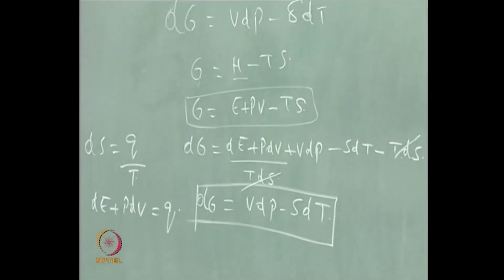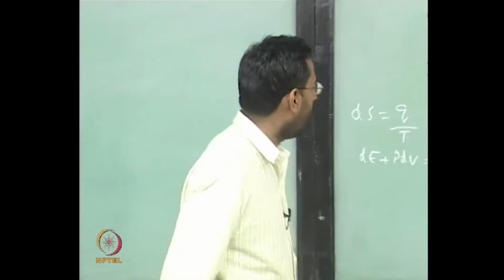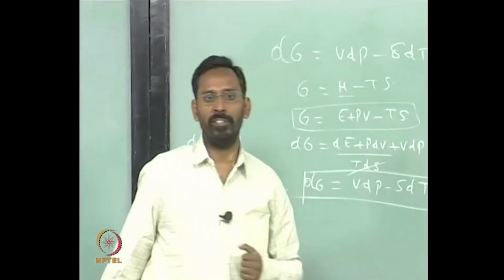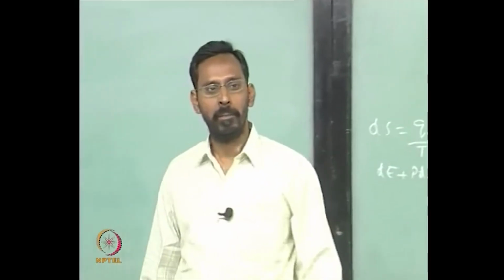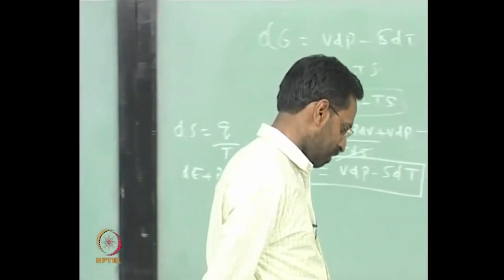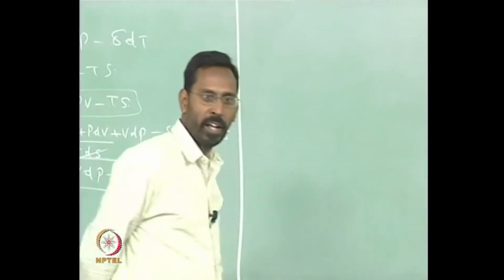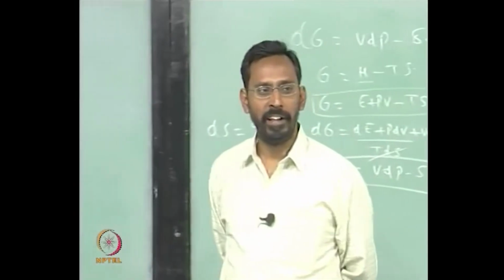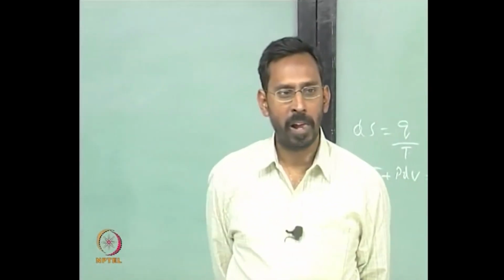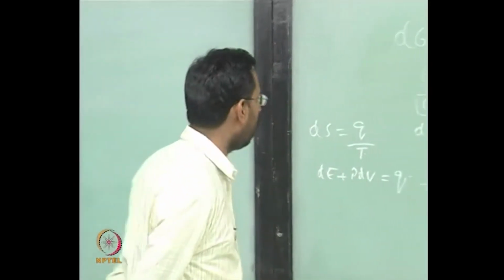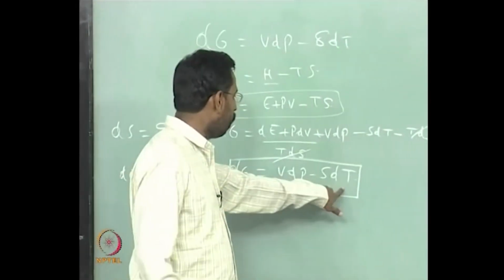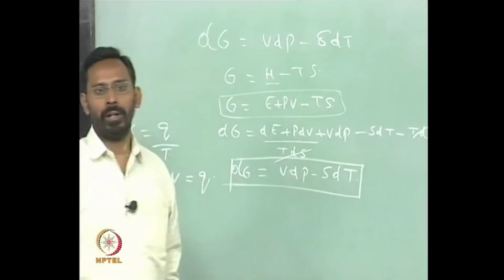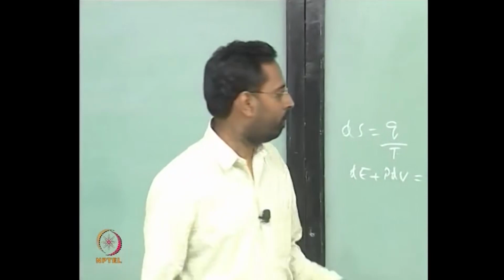Do you know which are the extrinsic variables and which are the intrinsic? Entropy. Which are state variables? Pressure and temperature are the intensive variables. Volume and entropy are not. So we can do that.